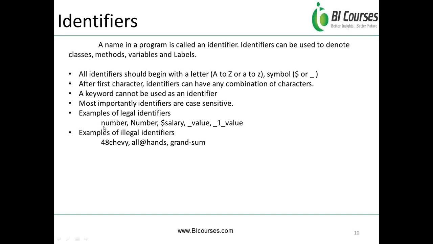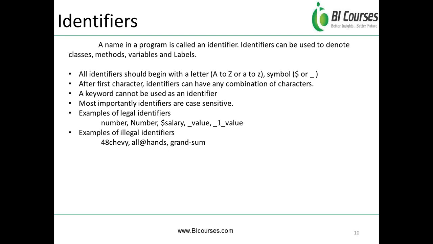See here, n is lowercase in the first variable and n is uppercase in the second. Also $salary, _value, or _one_value. These are legal identifiers, whereas illegal identifiers are like 48; any variable name starting with a number is illegal. Also if we have any special characters like @, that is also illegal. And here we have a hyphen; these are illegal identifiers.